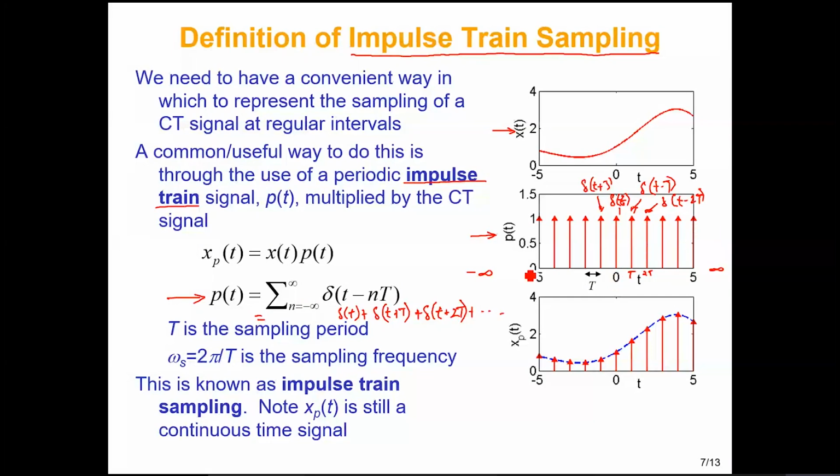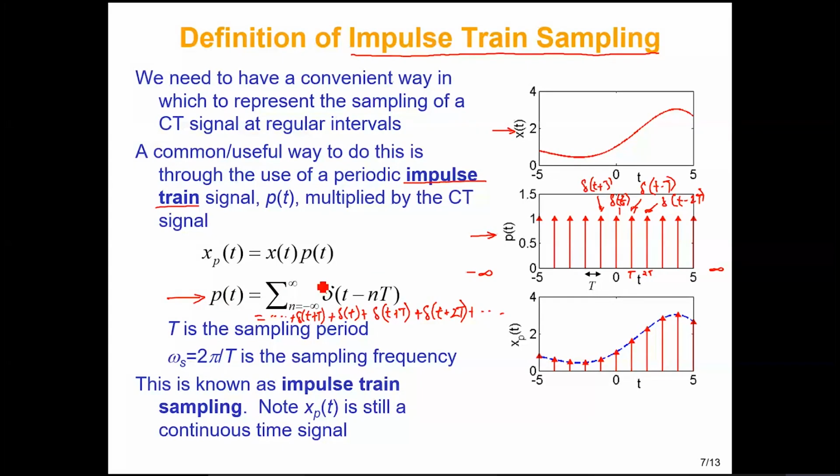Similarly on the other side we have delta t minus T, and that side goes on and on. So we can just write it with any multiple n from minus infinity to infinity. This is your impulse train.